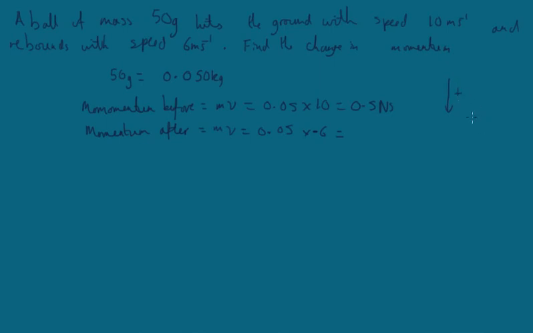If this is the positive direction, the rebound is the negative direction, so it's going to be minus 6 meters per second. That's something to really be aware of when you're doing these problems. Remember, momentum is a vector quantity, so we've got to be aware of changes in direction of motion. So it's going to be minus 0.3 Newton seconds.